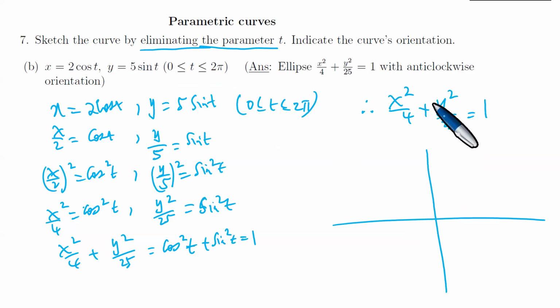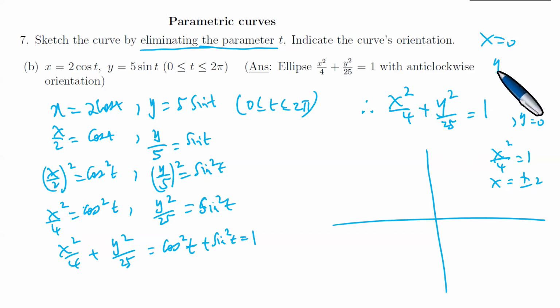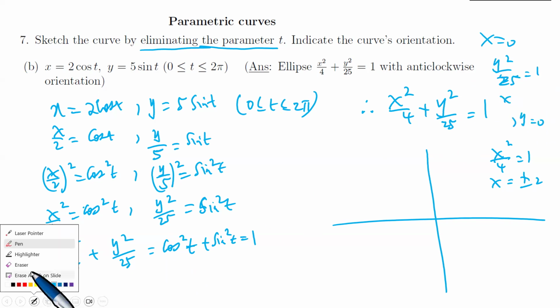Whenever y is 0, you'd have x squared out of 4 equals 1. This means that x is plus or minus 2. In the same way, whenever x is 0, y squared out of 25 equals 1. That means y is plus or minus 5.